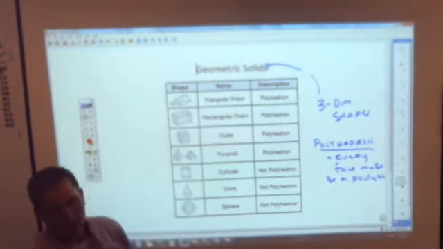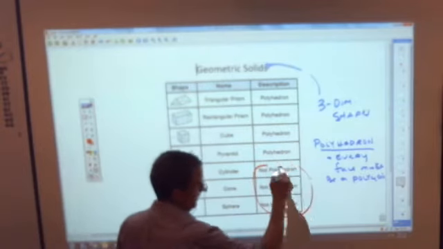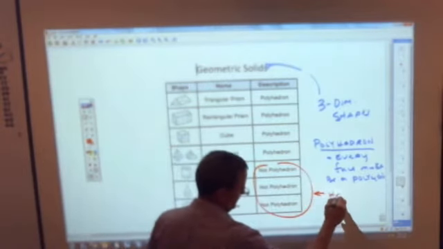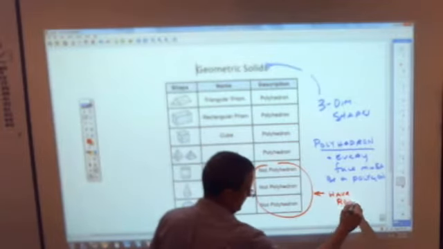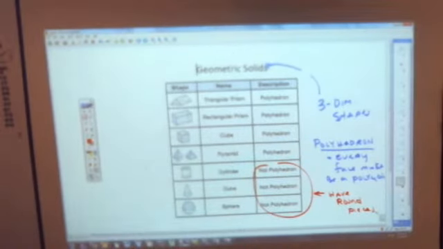Zach? Yeah. Not polyhedrons have curved surfaces. They have some round pieces, where the polyhedrons are all flat.